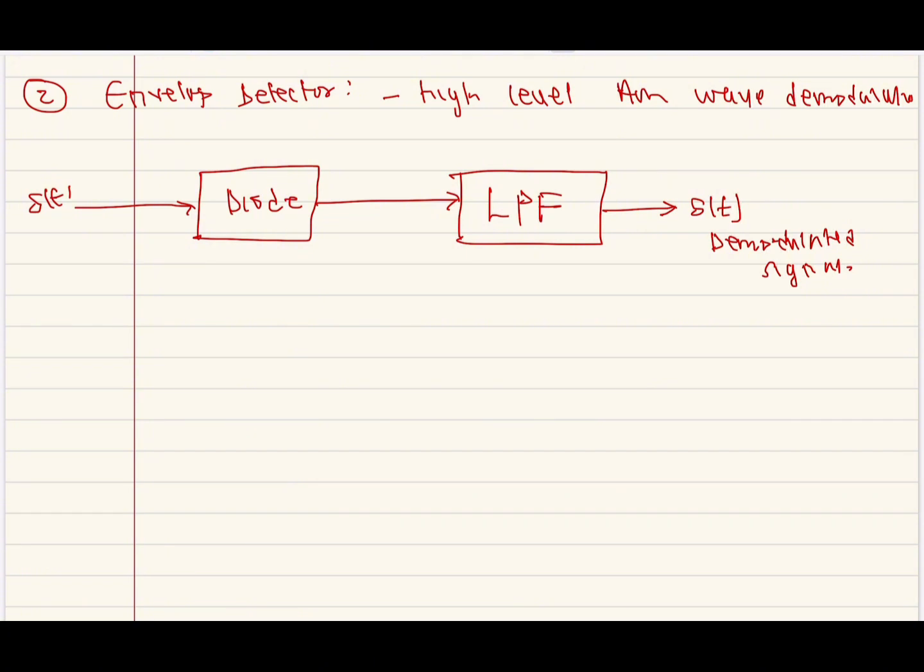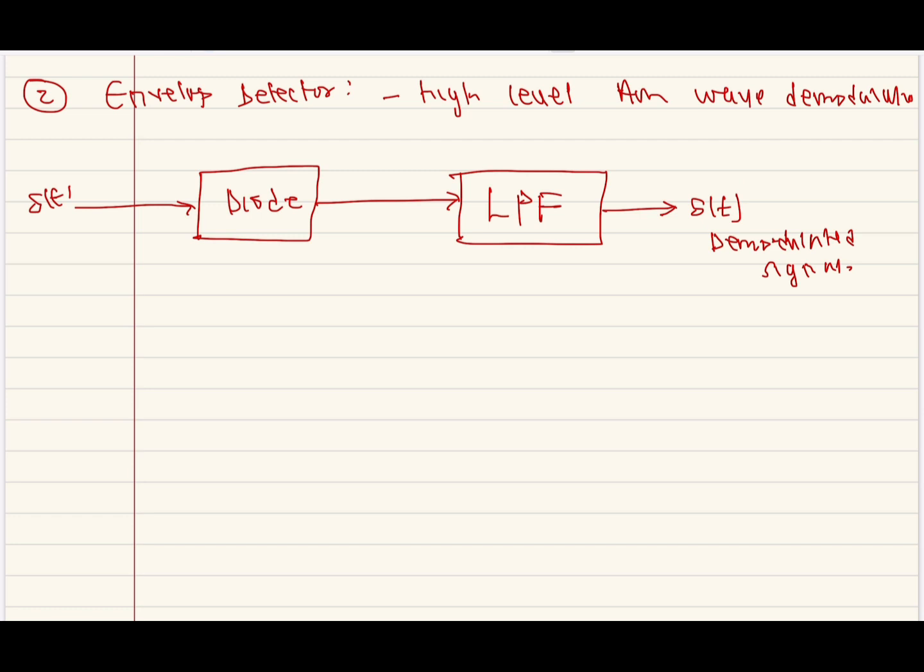As you can see over here, it's more or less making use of the same devices as the switching method during modulation. Therefore, sometimes I call it the switching method demodulator instead of calling it an envelope detector.